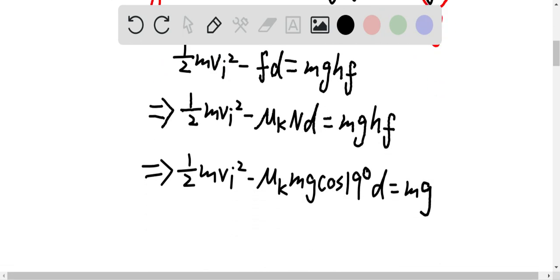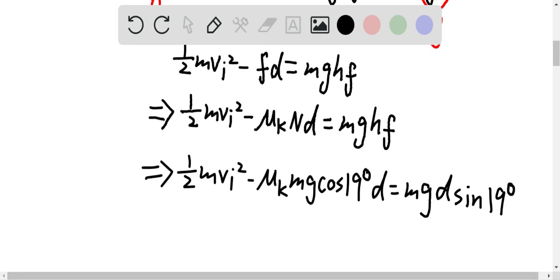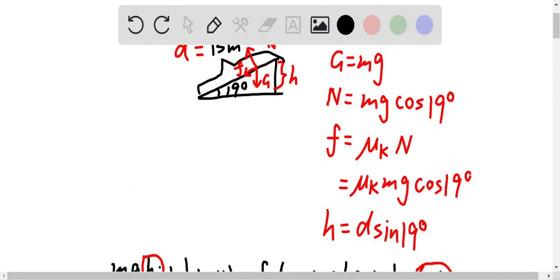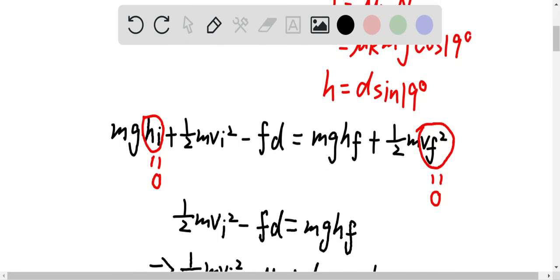So just simply mg times d sine 19 degrees. In this case, h final is equal to h because eventually we reach the top, and from the top to the ground, the height is h, which is h final. So it's equal to d sine 19 degrees.